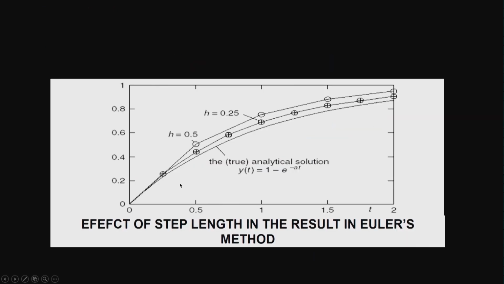So, if I have a larger step length, like I showed you in the Excel, suppose this is the true value, this is the true value. Okay, if I have larger step lengths, especially for an equation like this, 1 minus e power minus at, 0.25 step length, as you can see, it is deviated. If I have taken 0.5 as my step length, you can see it is deviated much more.